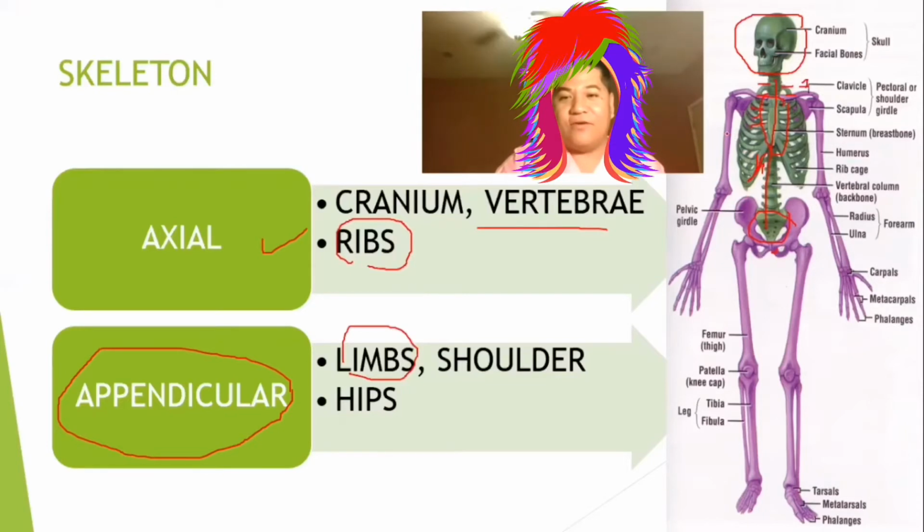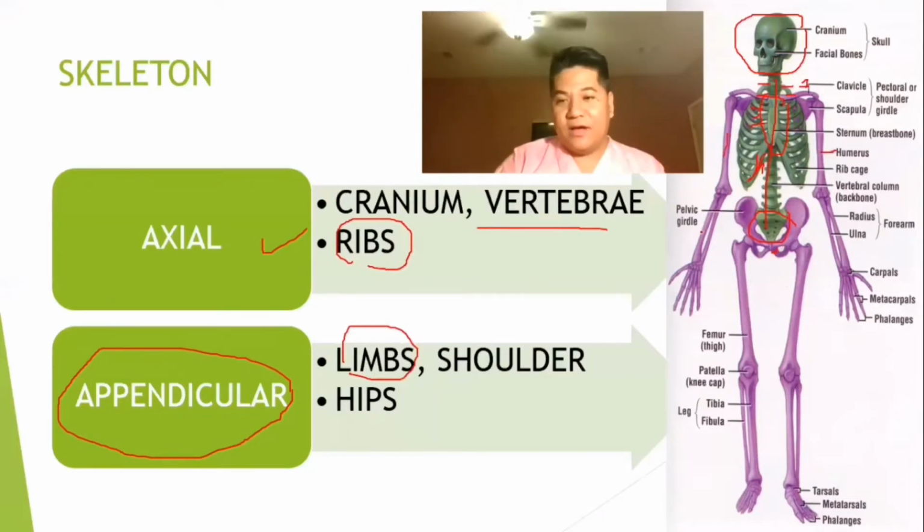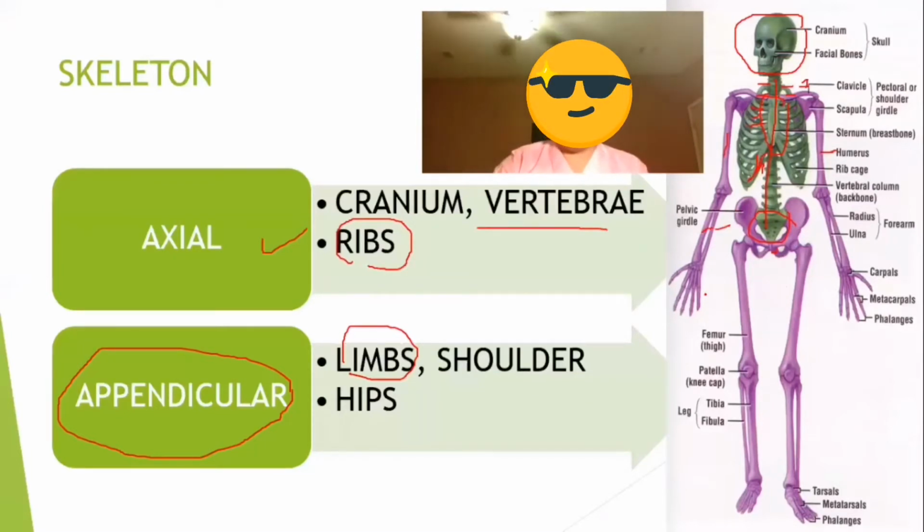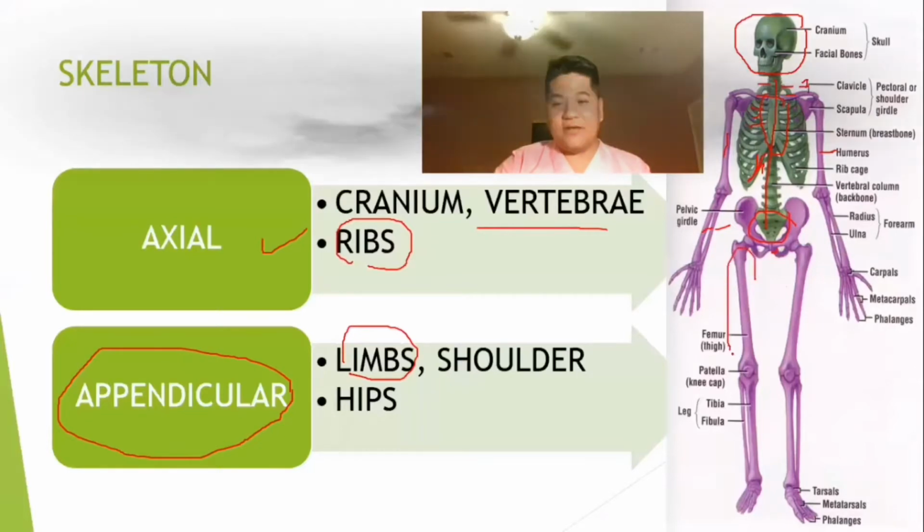So you have your humerus, your radius and the ulna, and then your metacarpals and phalanges. Now the longest bone in the body is your femur, which is commonly fractured in an elderly person. So we'll be watchful for that.